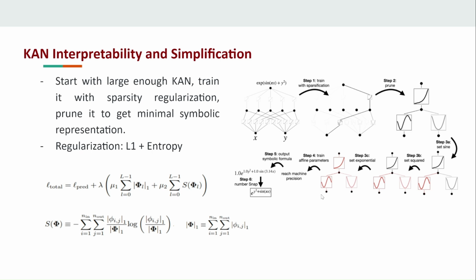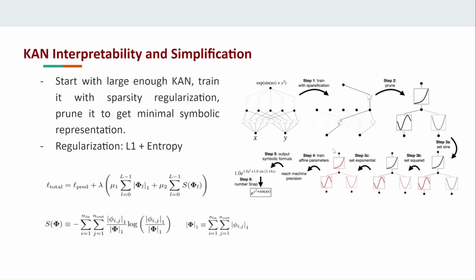So this feature would now have to be passed through this specific sine. So a sine of 3.14x plus y squared, and then exponential of this value is going to be our output. So we kind of determine the symbolic relationship between the output and your inputs x and y here. So we determine that f of x comma y is e to the power of y squared plus sine of pi x.